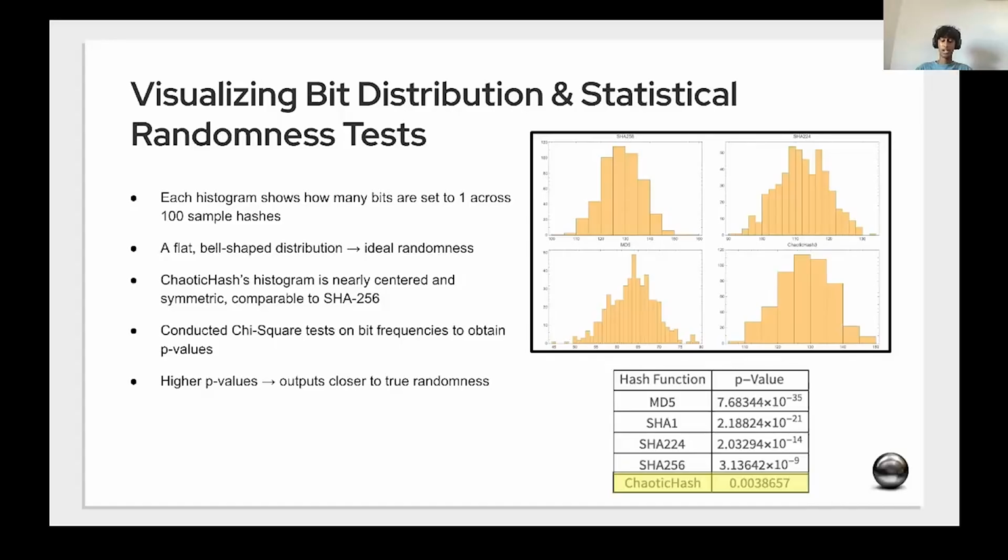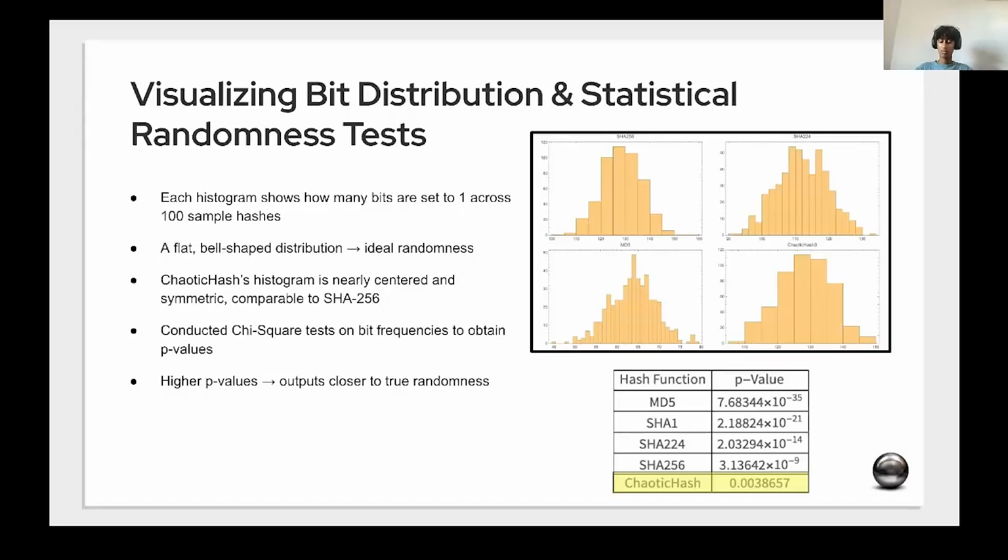However, these qualitative descriptions are good, but we want more numerical answers. So we conducted chi-squared tests on these bit frequencies to obtain p-values. What these p-values essentially tell us is how uniform the distribution is. The higher the p-value, the closer the outputs are to true randomness, which is what we want in a hash function.